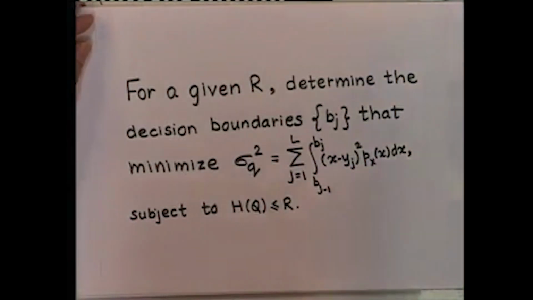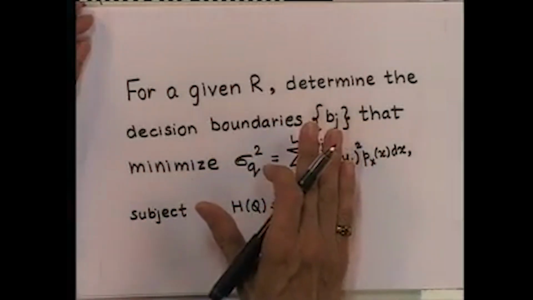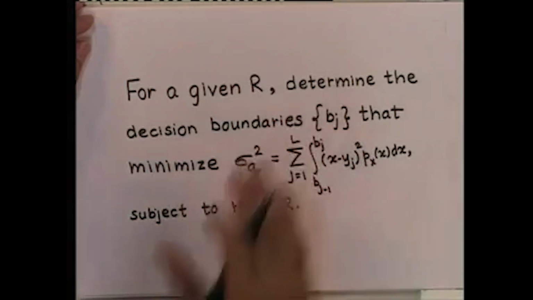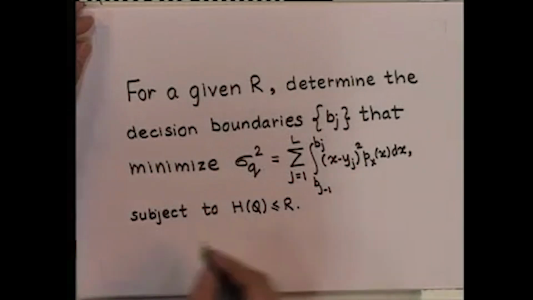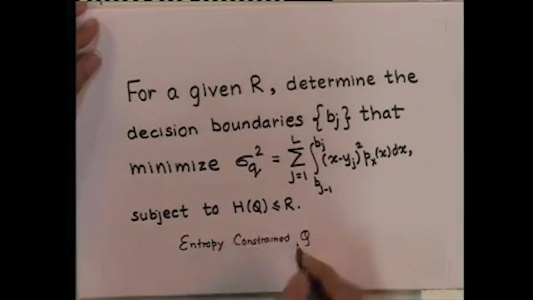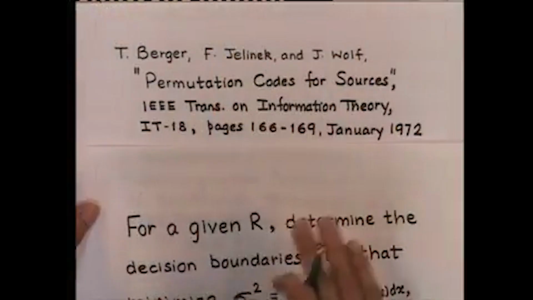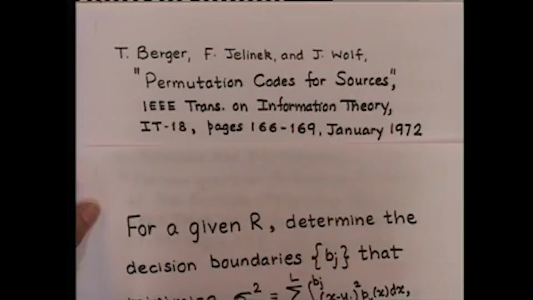Now, the process of finding this optimum entropy constraint quantizer is quite complex, and the details are provided in this reference. So, the detailed derivation for the entropy constraint quantizer is provided here.